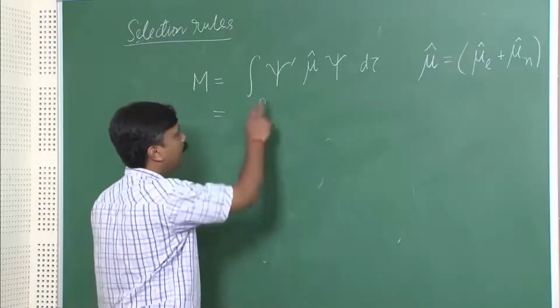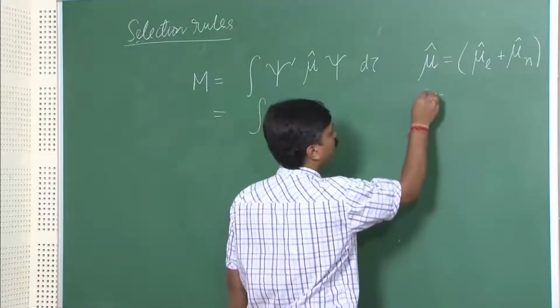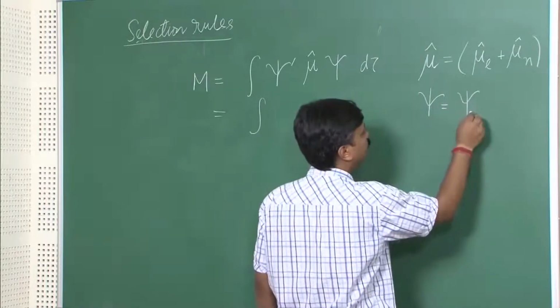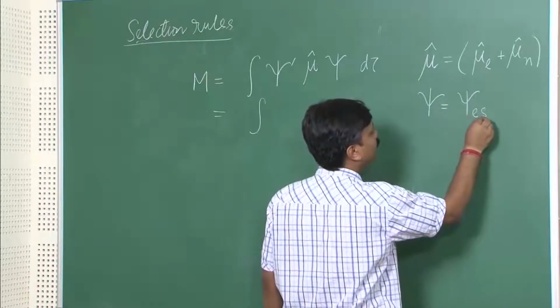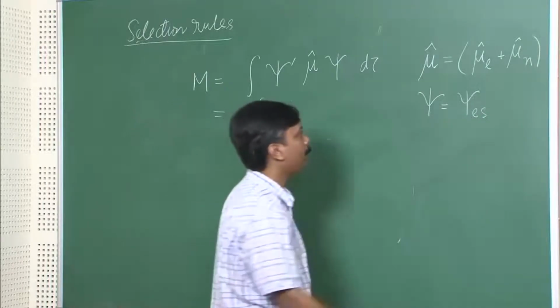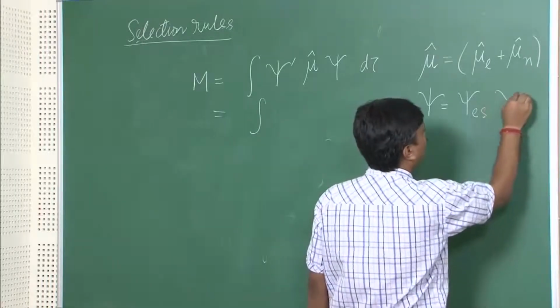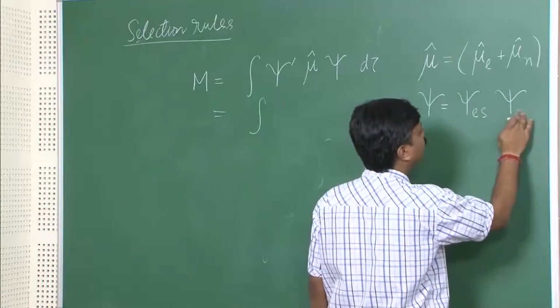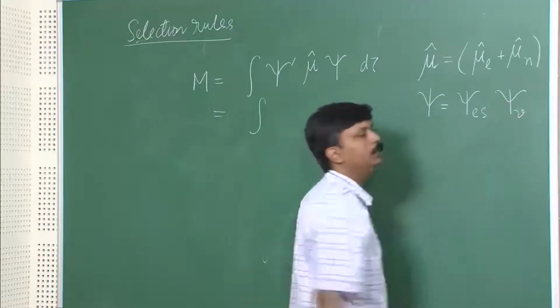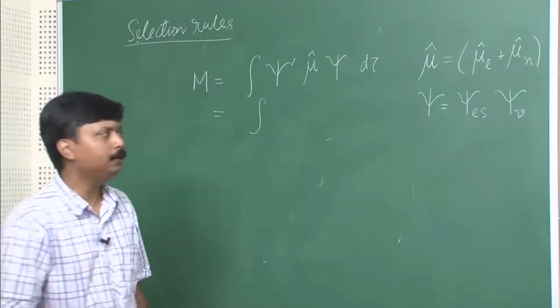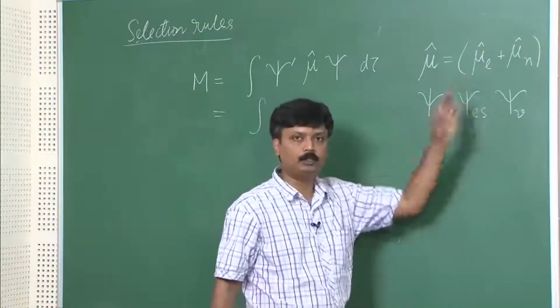Therefore I can write this psi prime, or in general psi, as psi ES, where E stands for electronic and S stands for spin, and psi N, or I can also write psi V, so that you can easily see that this stands for the vibrational wave functions, right?